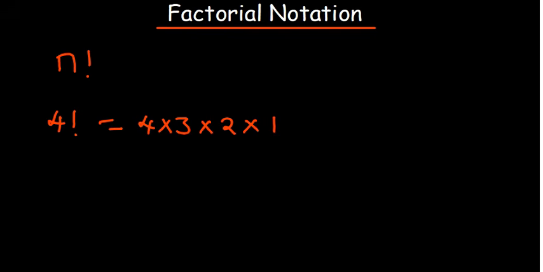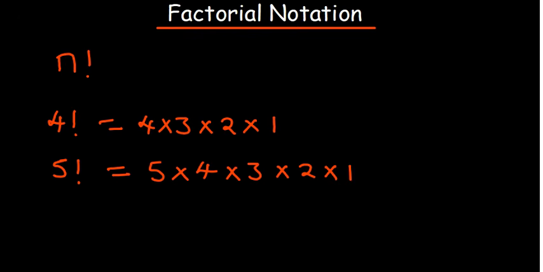Equally, if I get 5 factorial, it is going to be equal to 5, and I start reducing by 1 until I reach 1 itself. So 5 times 4 times 3 times 2 times 1. All the same, I want you to know that 1 factorial itself is equal to 1, and then 0 factorial is also equal to 1.